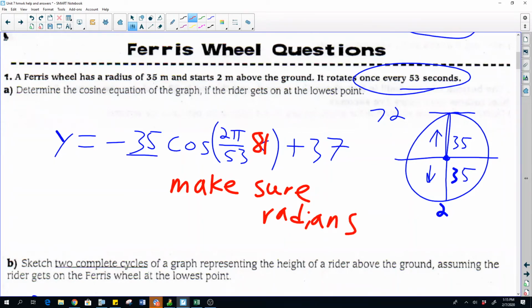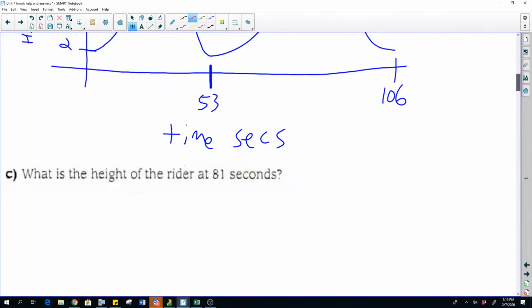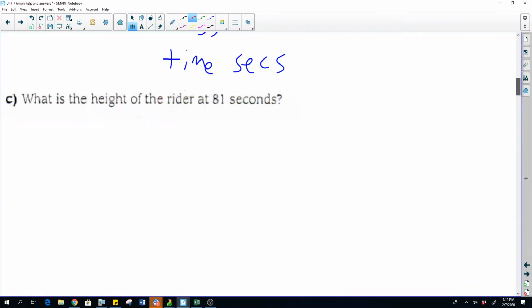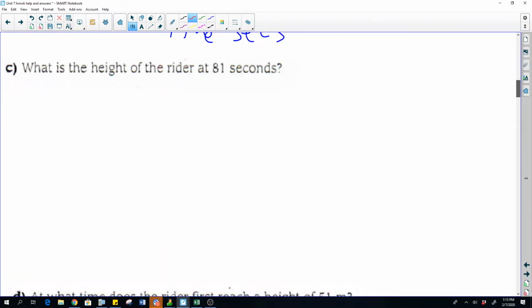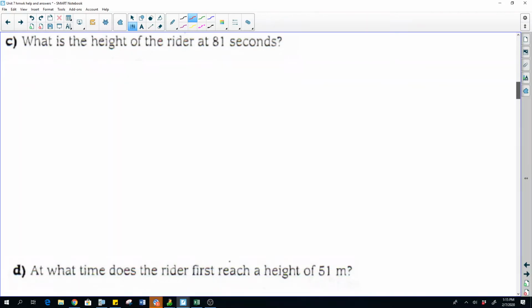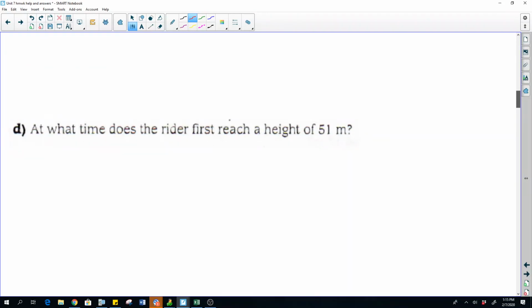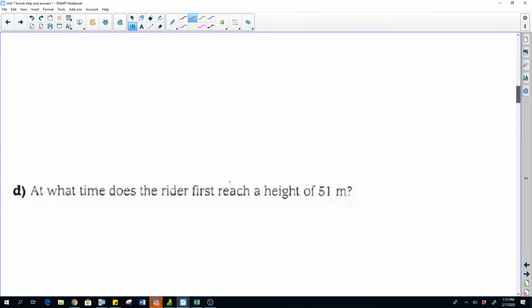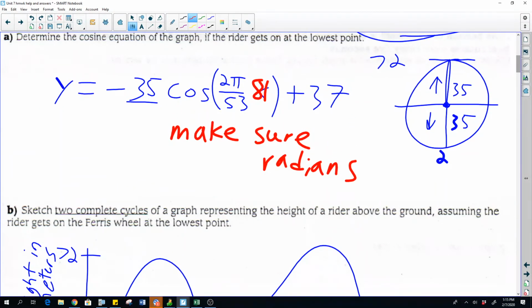Then you take 51 meters for this question D, so that's for the next problem. And then you just solve for x, and you make sure 53 is over here, and then solve for x. Or you can graph it with a calculator, and then go and solve for that. But we'll make that other video and finish off this homework problem number 1 in a second.